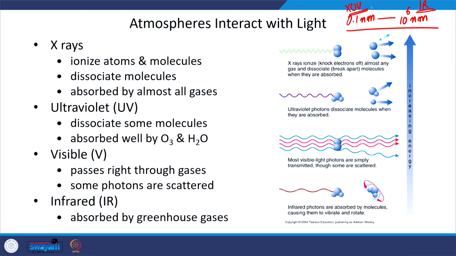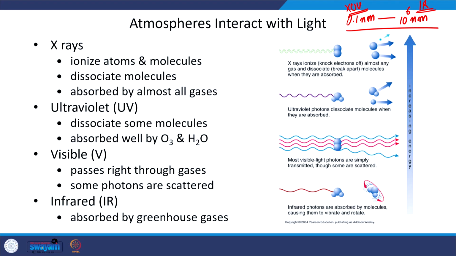So the solar radiation is bundled into this window of wavelengths, right? Now, more importantly, each of these wavelengths can have a different effect on the Earth's atmosphere. How the radiation interacts with each of these atmospheric species is of great importance to us.